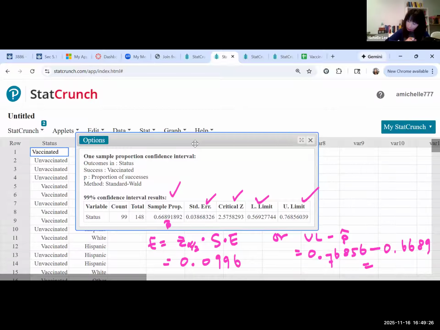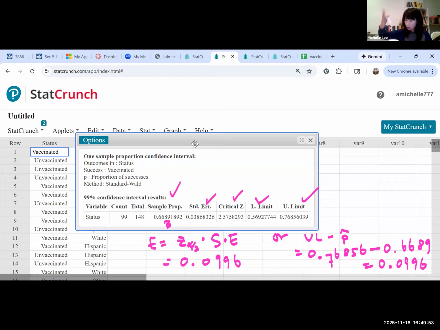Okay, let me calculate 0.76856 minus 0.6689, right? I get the same number, a little bit different at the end. Yeah, it's 0.009966.